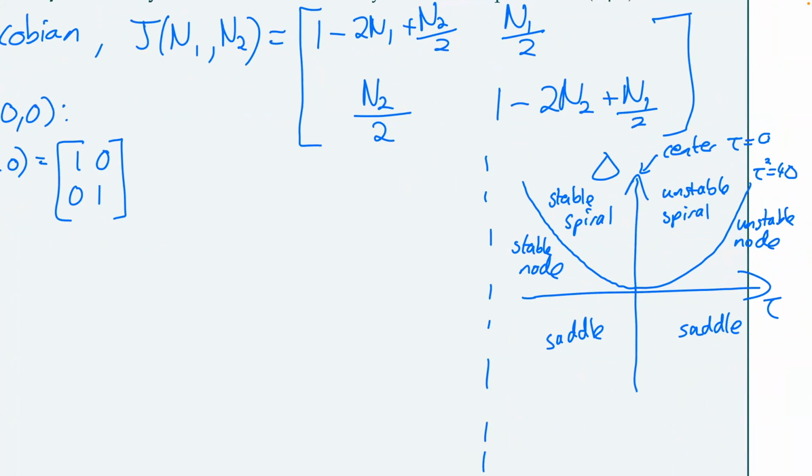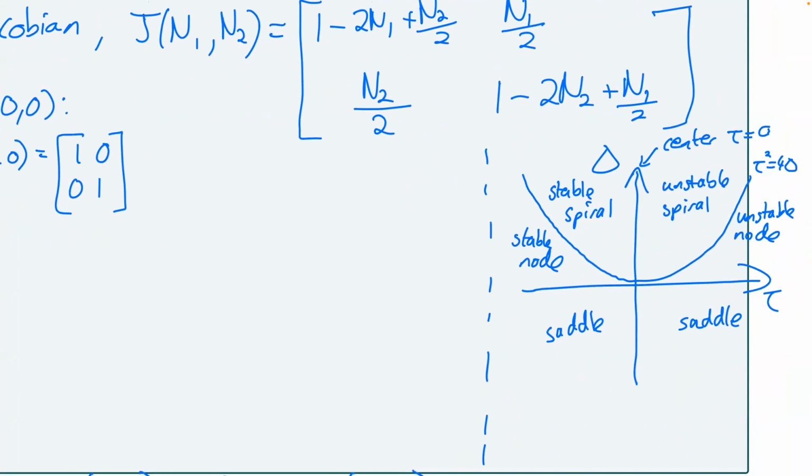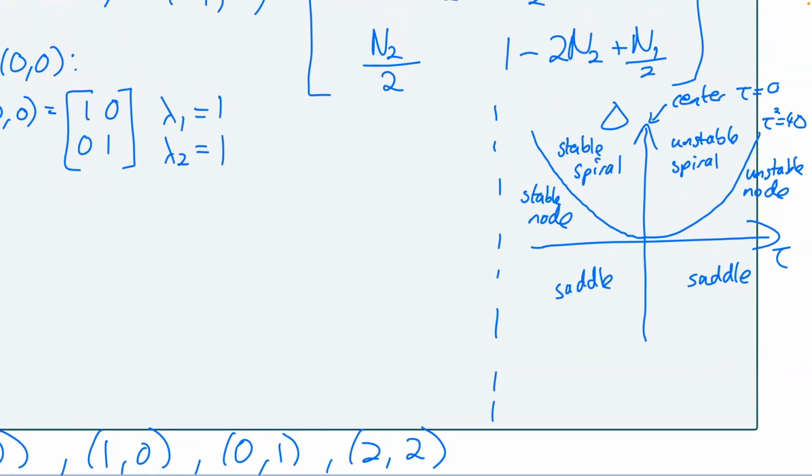Because this is in diagonal form, if we have a 0 in this place or this place, we can immediately read off our eigenvalues. One eigenvalue is 1, the other is also 1. So (0,0) is unstable.